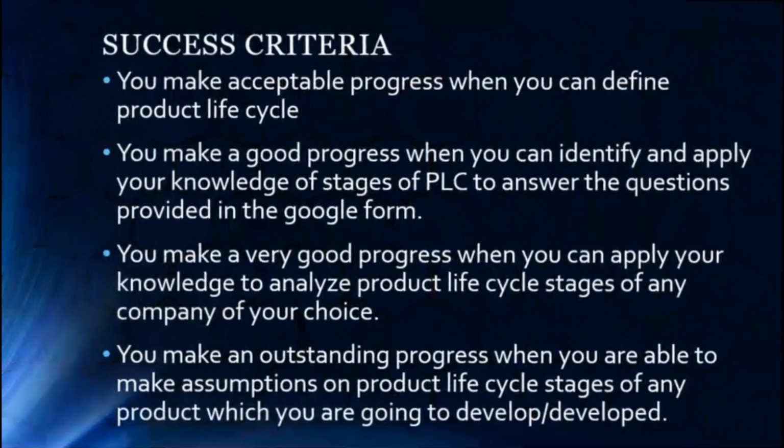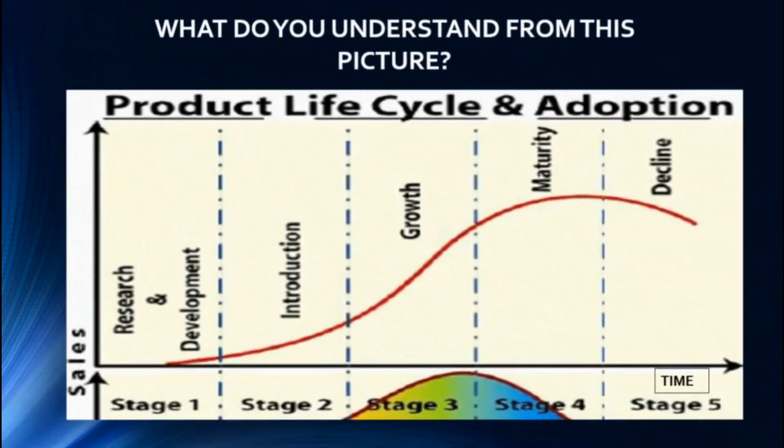Good progress is when you can identify and apply your knowledge of stages to PLC to answer the questions provided in a Google form. Very good progress is when you can apply your knowledge to analyze product lifecycle stages of any company of your choice. And outstanding progress is when you're able to make assumptions on product lifecycle stages of any product which you're going to develop or you have developed.